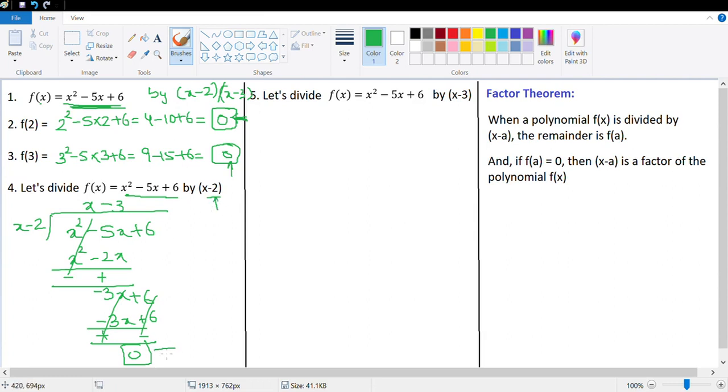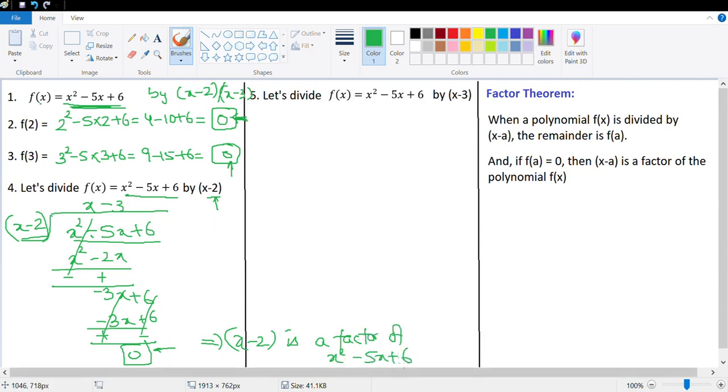What this also means is that x square minus 5x plus 6 is completely divisible by x minus 2, which means x minus 2 is a factor of x square minus 5x plus 6. Yes, that's correct.